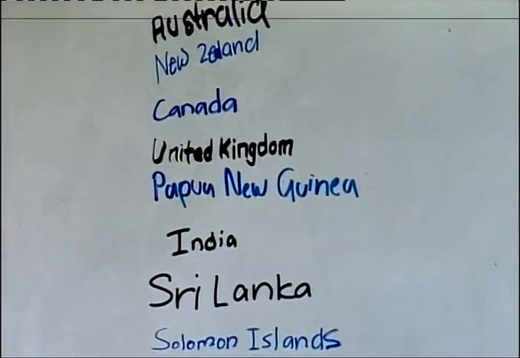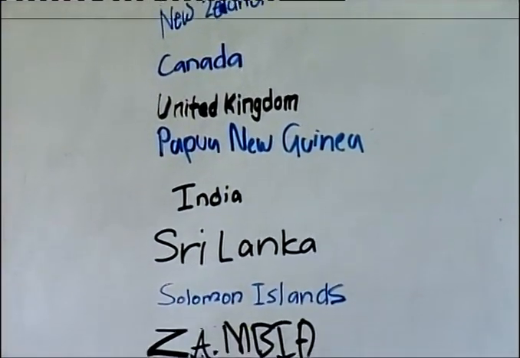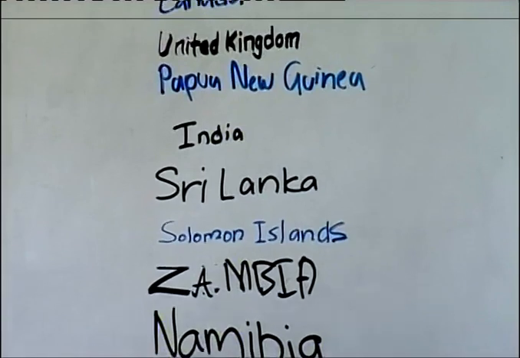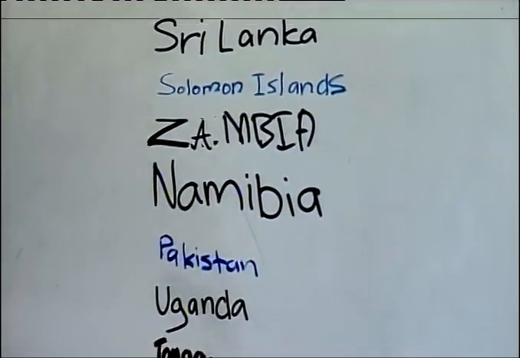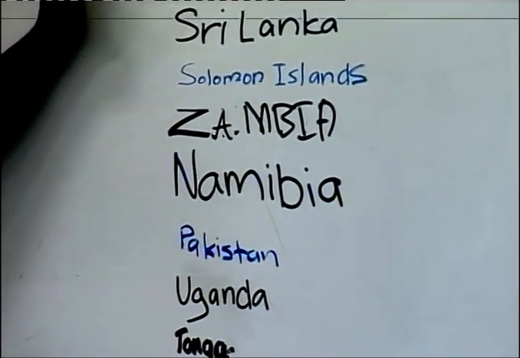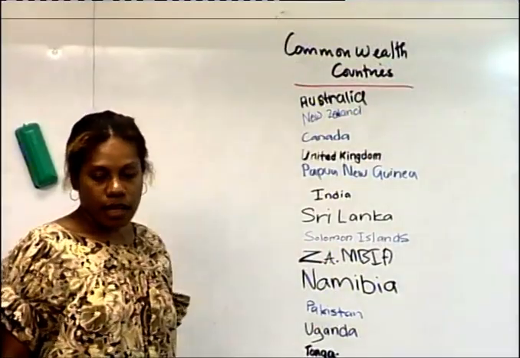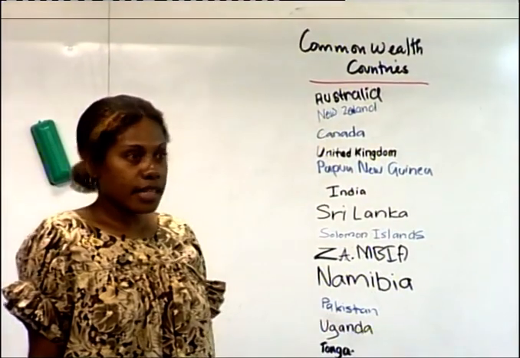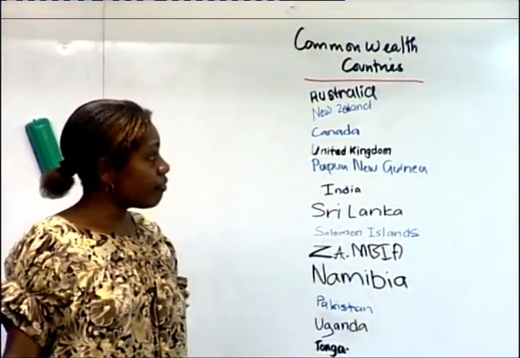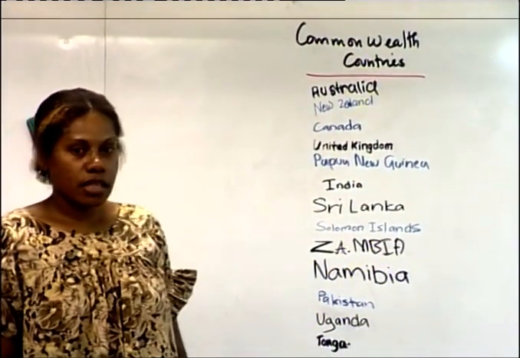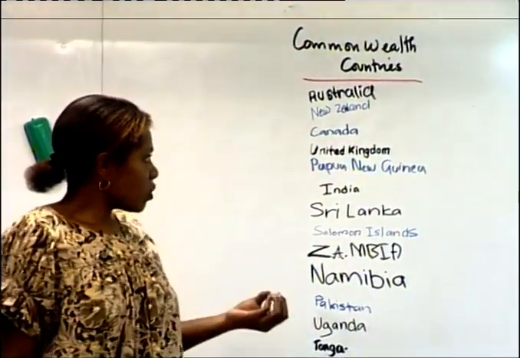Okay, 8Cs and receiving students, you want to list at least 10 Commonwealth nations that belong to the Commonwealth, and 5 non-Commonwealth nations that do not belong to the Commonwealth.